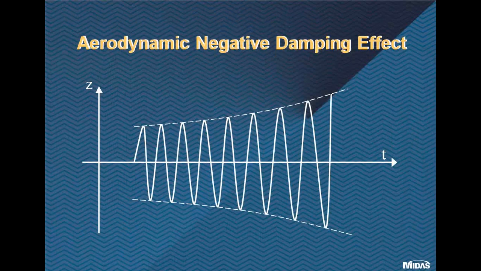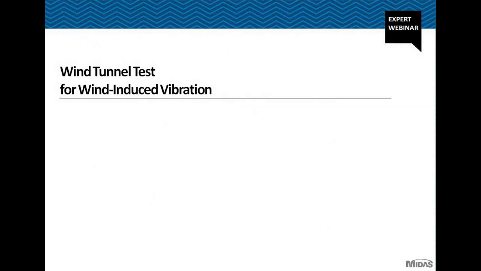In case of very high wind speed that may cause no more positive damping ratios remains working, then the vibration may be no more controllable. That may induce rapidly increasing amplitude in a combined bending and torsion until collapse of the bridge. Now how to conduct the wind tunnel test for wind-induced vibration.